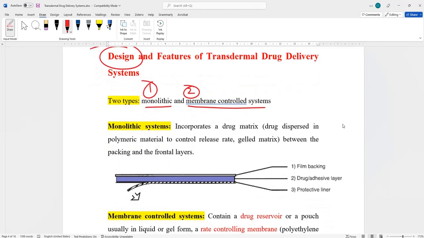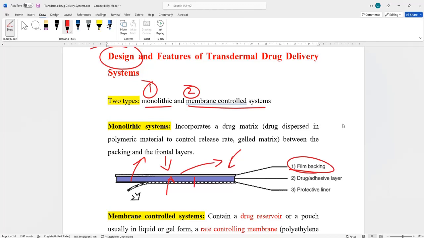The explanation for this can be shown in the figure. Here you have the film packing, the one I told you about, which will provide occlusiveness. So what will this do? First, it will prevent anything from the environment from going inside. It will prevent the drug from going outside. It will also prevent the moisture from the skin from evaporating. So this is something good.